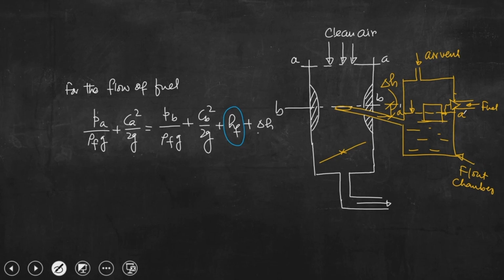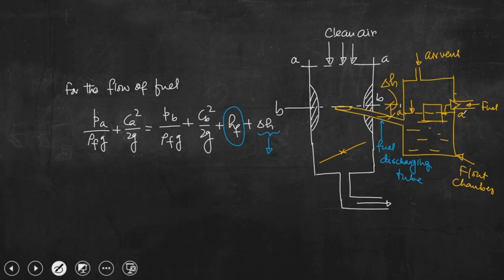So, now this is basically the height difference between the surface of the fuel in the float chamber and this orifice. So, this is the orifice, this is the fuel discharging tube, and this is the orifice of the fuel discharging tube.